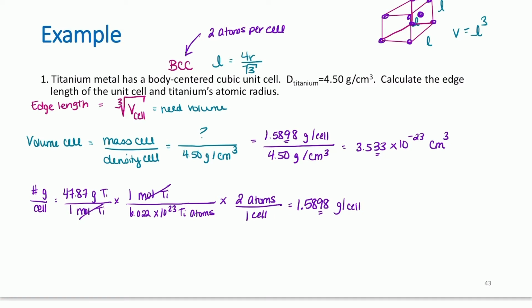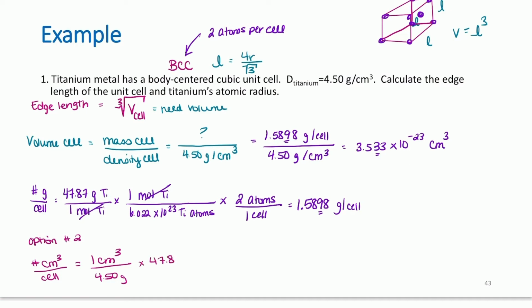I do have a second option here, though, to figure this out. The other way I could calculate that, let me write this down here. Option number 2. Number of centimeters cubed per cell. I know that I have 1 centimeter cubed to 4.50 grams.